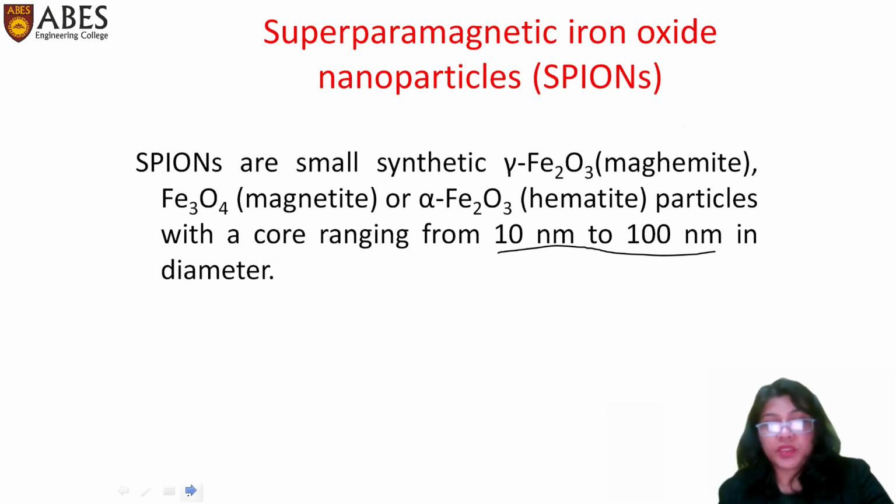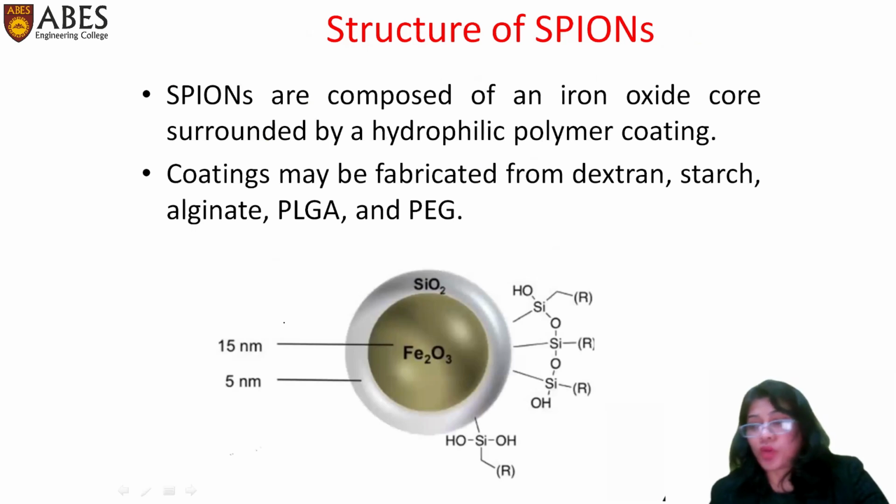SPIONs are generally made up of an iron oxide core, like we can see in this figure. This is made up of an iron oxide core and it is surrounded by a hydrophilic polymer coating. Hydrophilic means they are attracted towards the solvent or water.